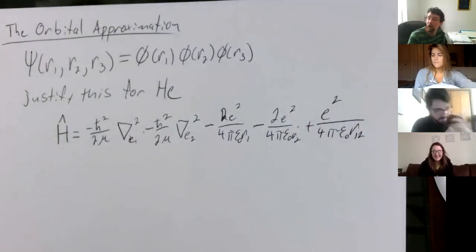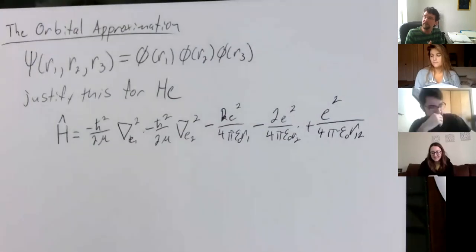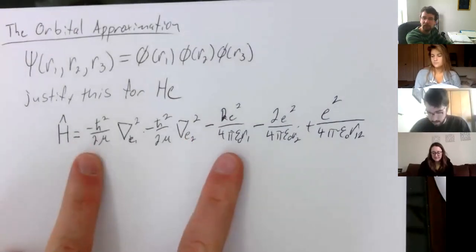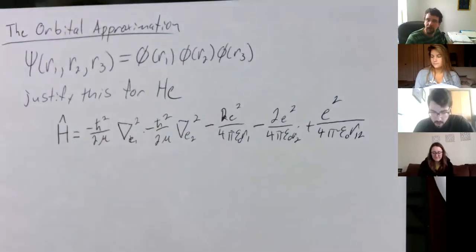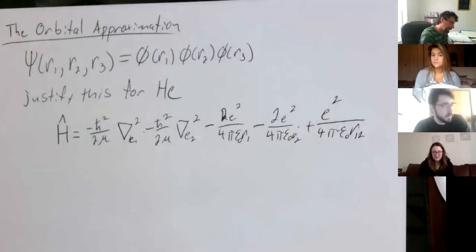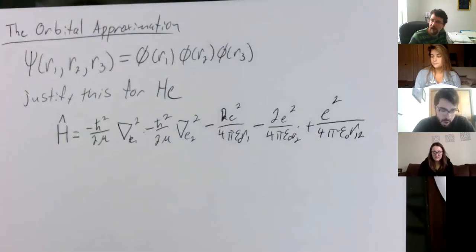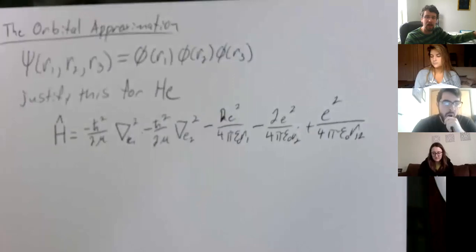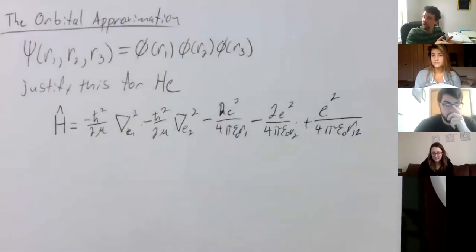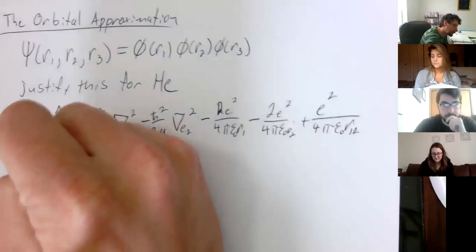Okay, so now for the orbital approximation, we have said that these things can be separated. So we need to rewrite this Hamiltonian in a way where everything's separated. Some things are going to have to change. We want to write it so we have just the parts that depend on electron 1 and parts that depend on electron 2.